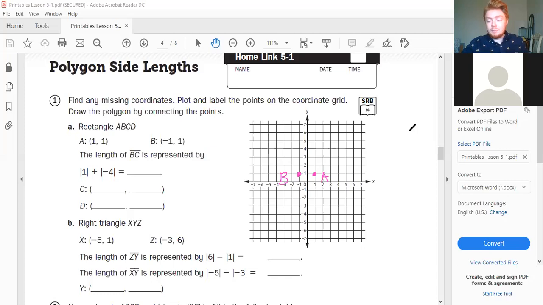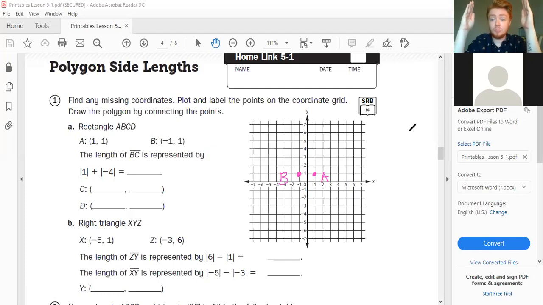So guys, absolute value. Remember when we see those two walls beside our numbers, absolute value is simply asking for the number. Do you guys remember that? Is it actually 4?